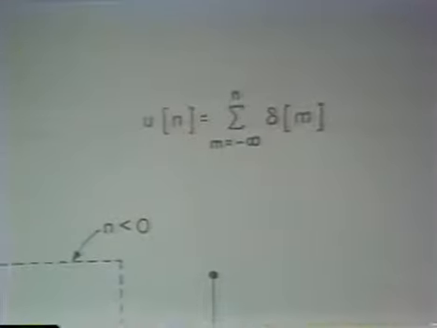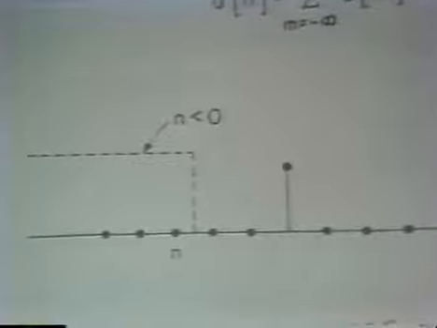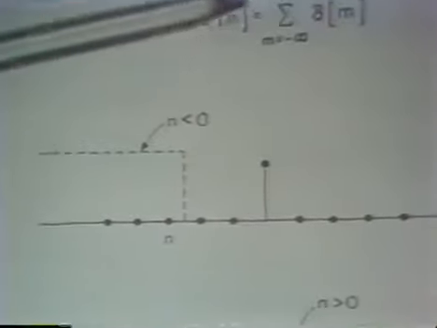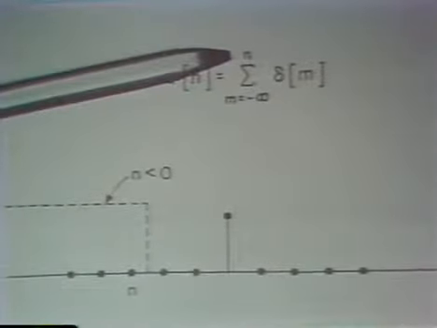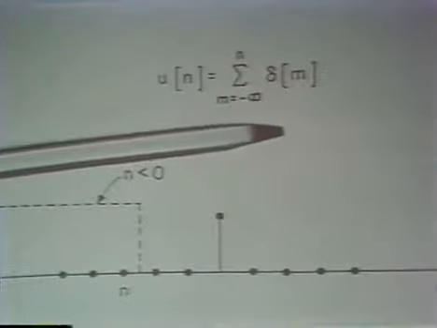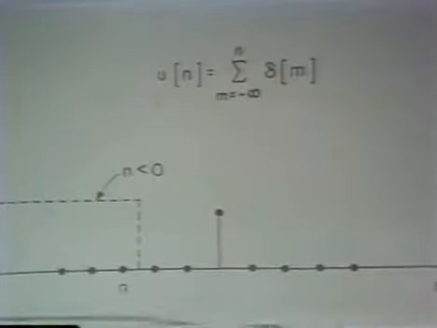And we can see that in a fairly straightforward way by simply observing that in this expression, when n is less than 0, there's nothing accumulated in the sum, and we can see that graphically as I've shown here.